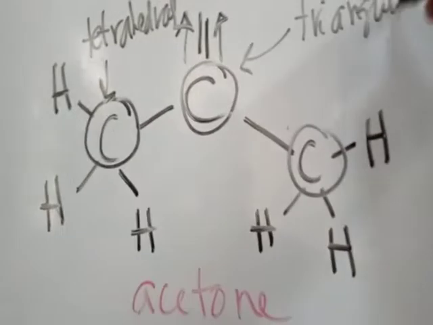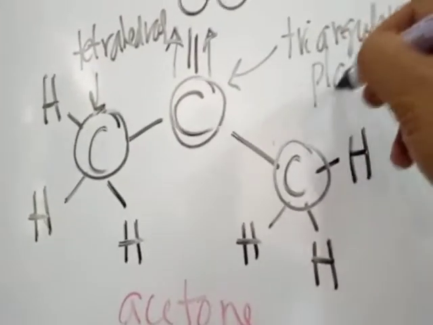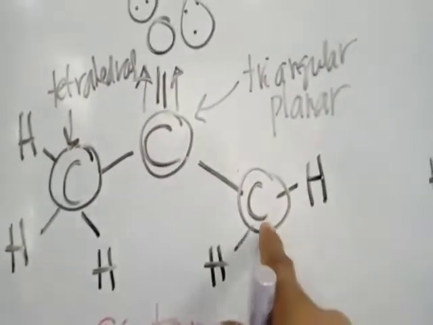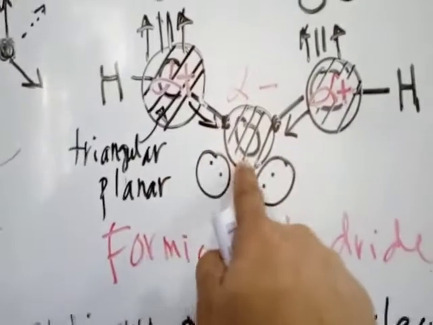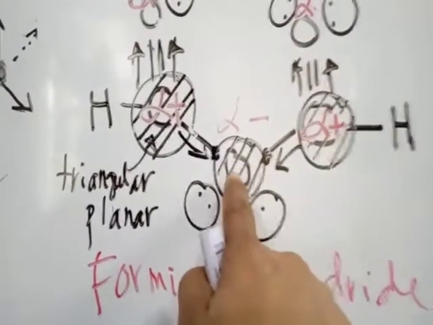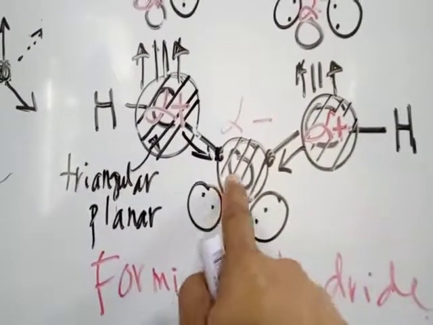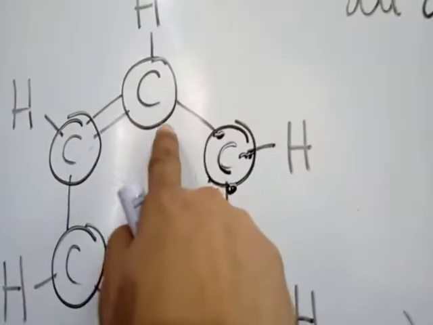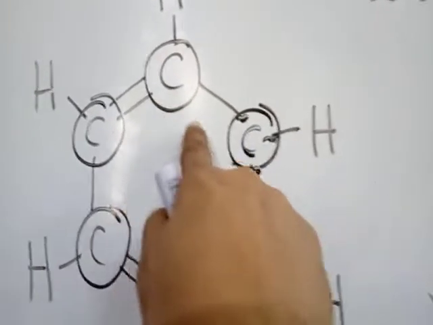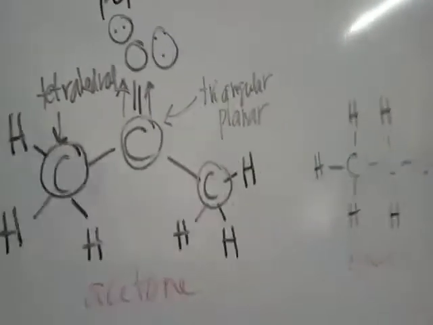Triangular planar. 4 and 0, also tetrahedral. By the way, this is triangular planar. This is bent. That's 2 and 2. 2 attached groups, 2 lone pairs is bent. Triangular planar. These are all 3 and 0. These are all triangular planars. Let's go back to this.